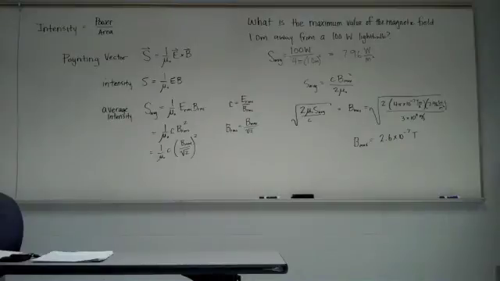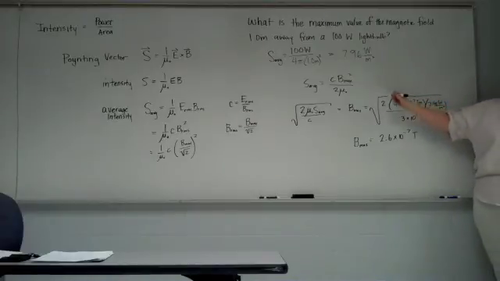Did that correctly, you get 2.6 times 10 to the negative 7 Teslas. Now, unit-wise, it takes a bit of processing to figure out the units.